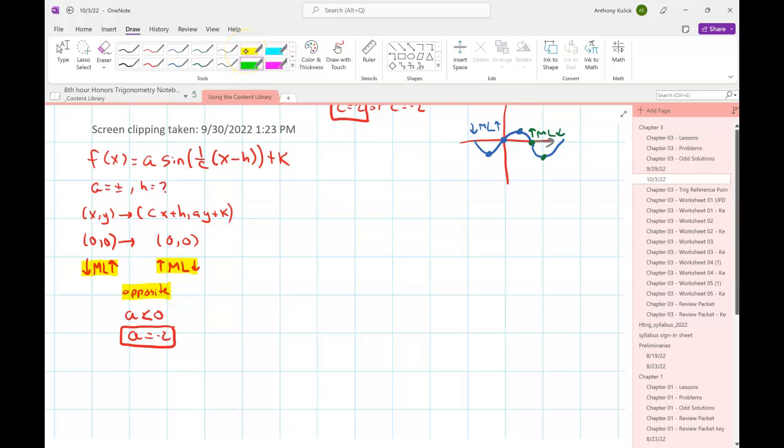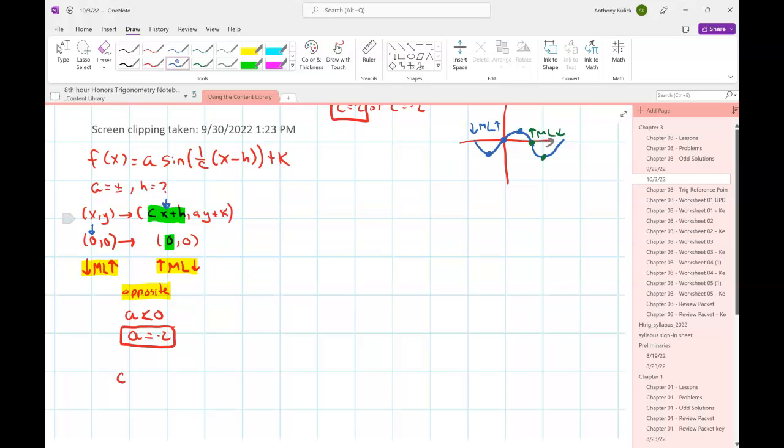This information is also going to tell me how to get the H. I know that CX plus H has to give me 0. And what is the X here?